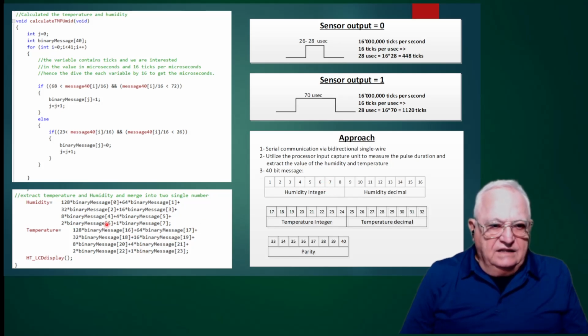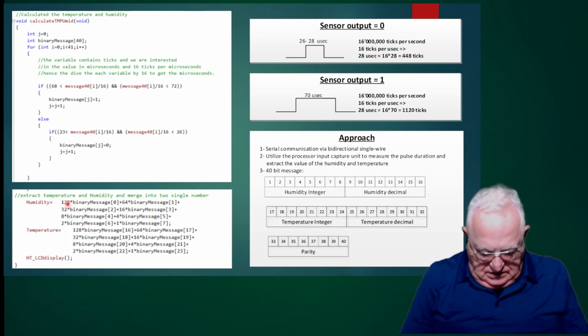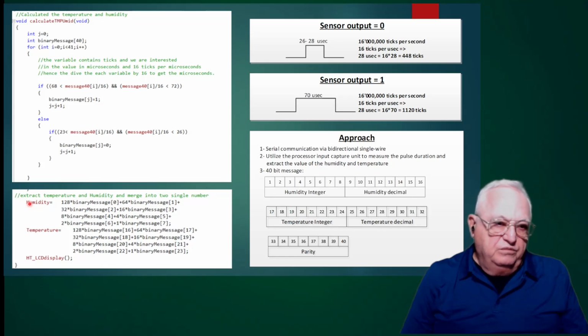Then I take bit 6 and multiply it by 2 to the 1. Then take bit 5, multiply it by 2 to the 2, which is 4. Then I take bit 4 and multiply it by 2 to the 3, which is 8. And I keep doing the same thing till I get to 128. And that's going to give me the humidity value.